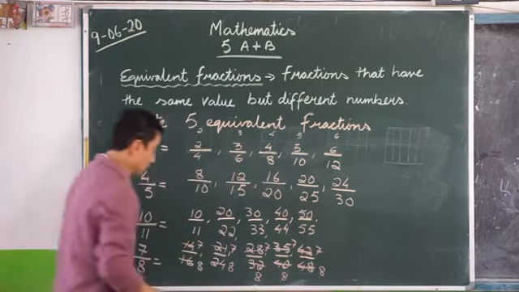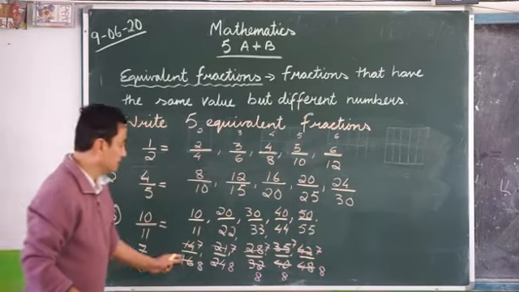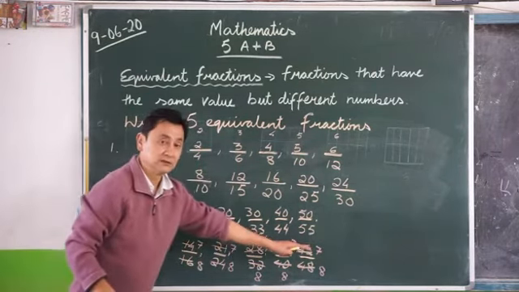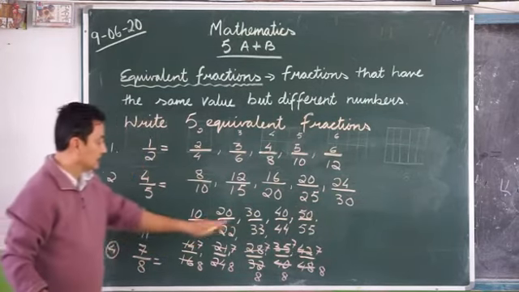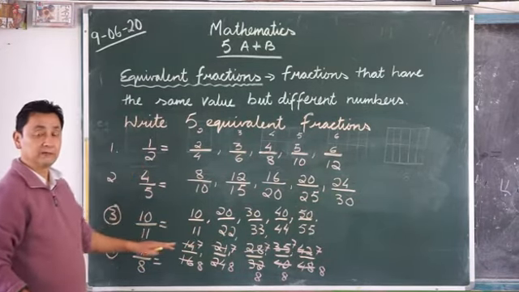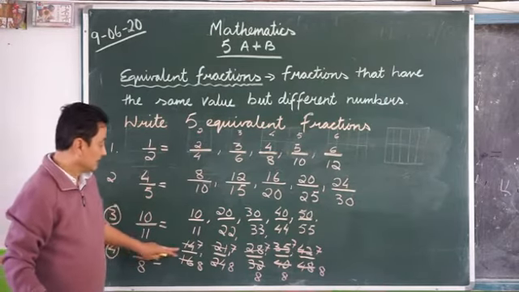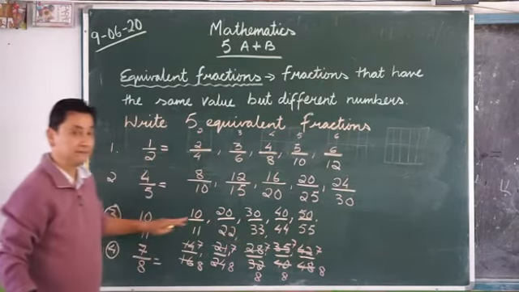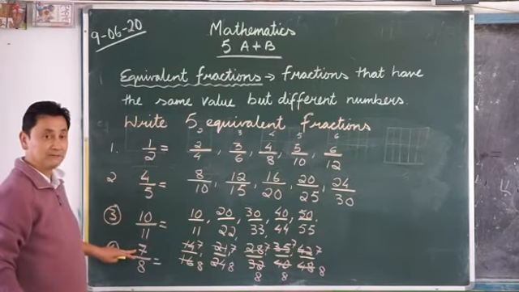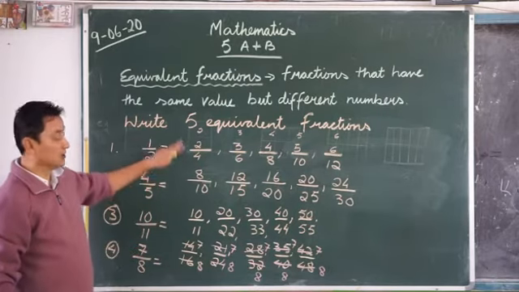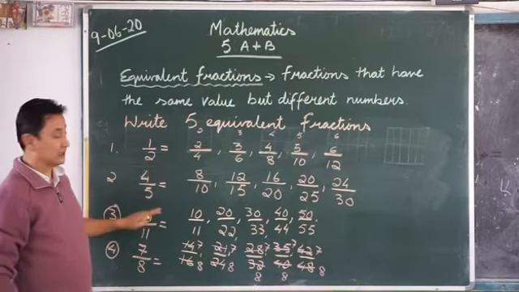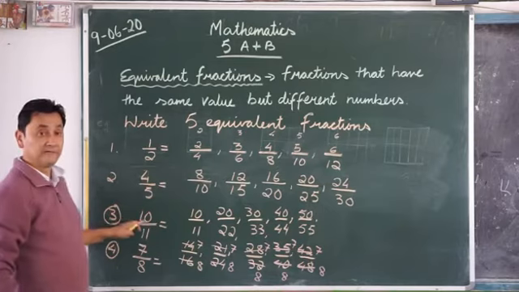So when we reduced these fractions, we got the same as this first one. 7 upon 8, 7 upon 8, 7 upon 8. Whatever numbers are there, it is the same piece, the same number, 7 upon 8. So you see, even if I reduce all these others, we'll get the same answer that is in front.